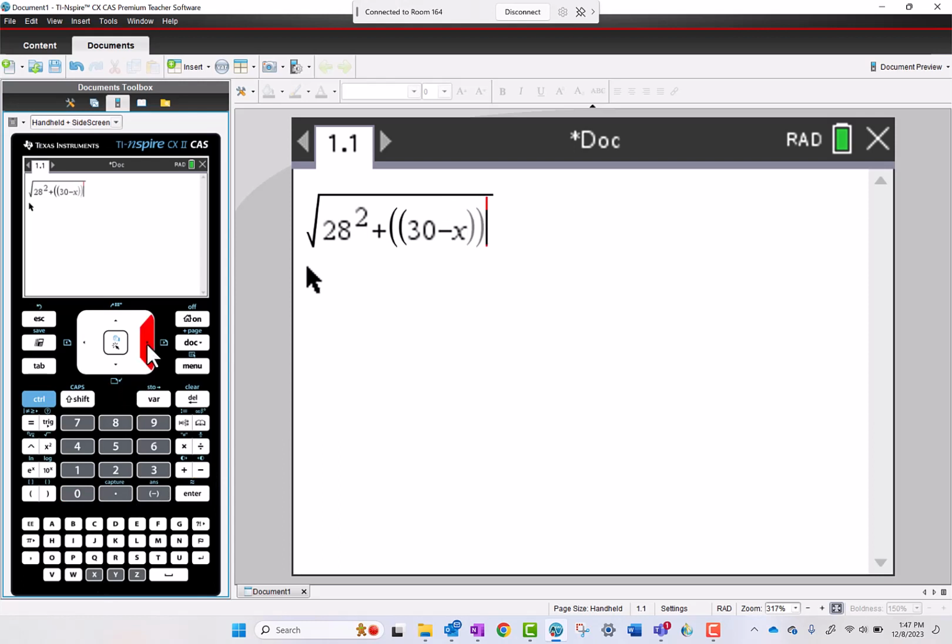I don't know why it gave me two parentheses, but okay. That was our first one. Then plus our other radical, which was 12 squared plus X squared. I'm not going to do 28 squared or 12 squared in my head because I would surely make a mistake. I'm just going to let the calculator do all of it.